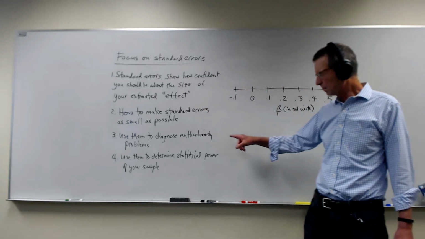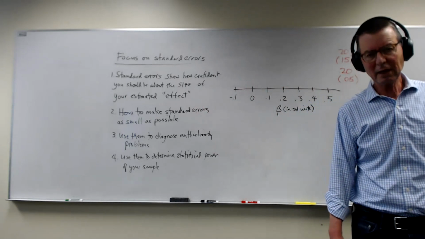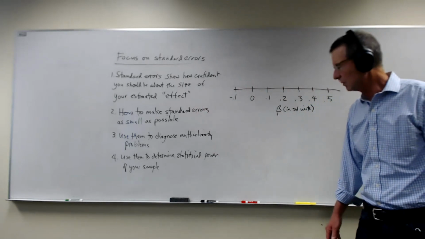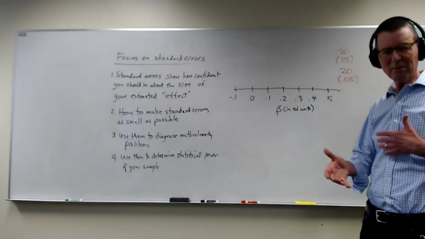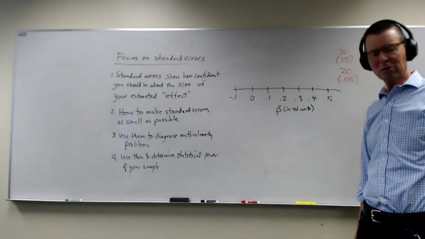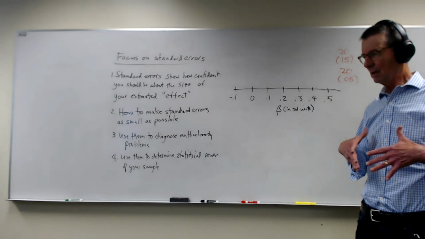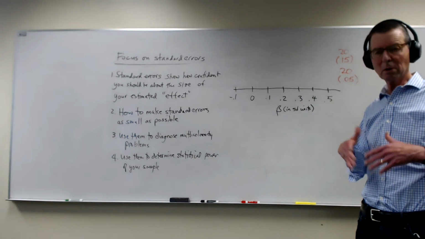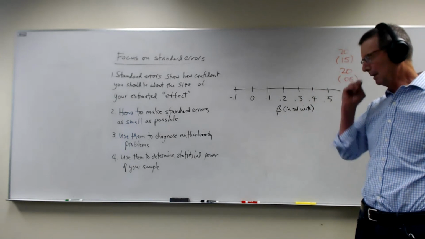Third, and this is less obvious, is that you can use standard errors to diagnose multicollinearity problems. That's when you've got a bunch of independent variables and they're all highly correlated. And in fact, they're so highly correlated that the regression starts to blow up in the sense that its standard errors start getting bigger and bigger and bigger.